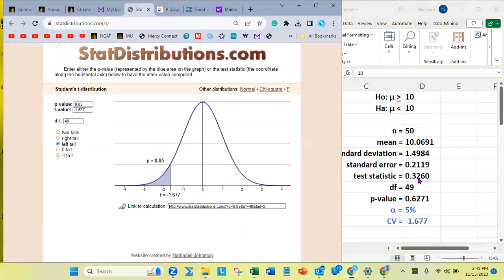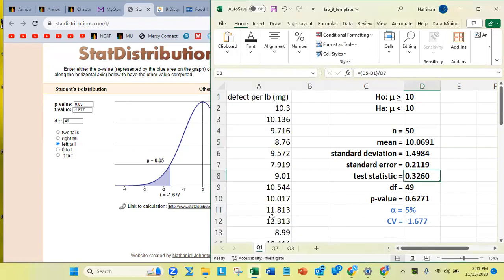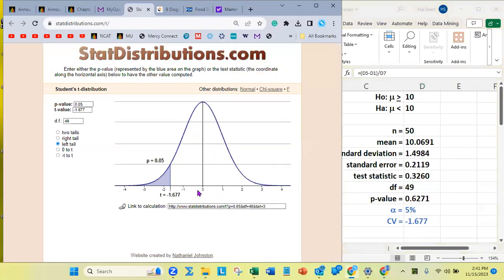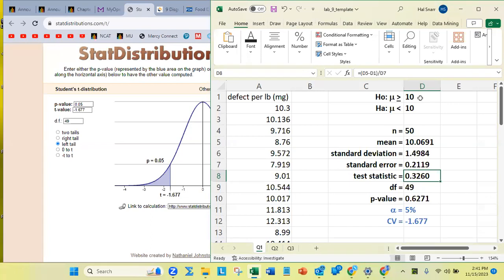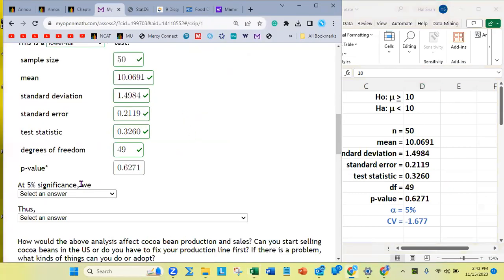But that's not the case in my situation. My test statistic is under the white area, which means I have evidence in support of the null hypothesis. Now, I can't accept the null. What I can do is say I do not reject the null. So at 5% significance, I cannot reject the null hypothesis.